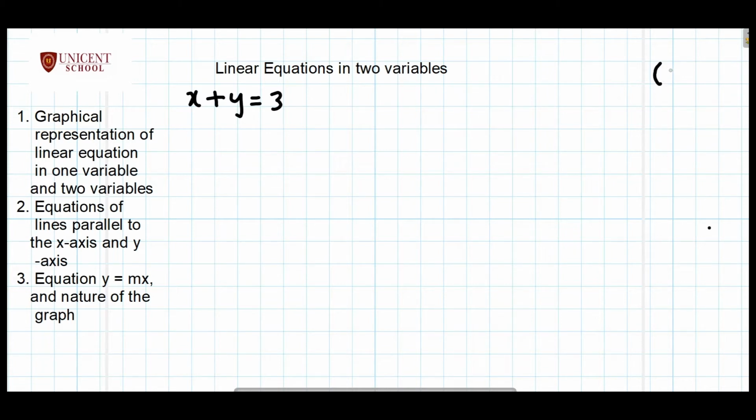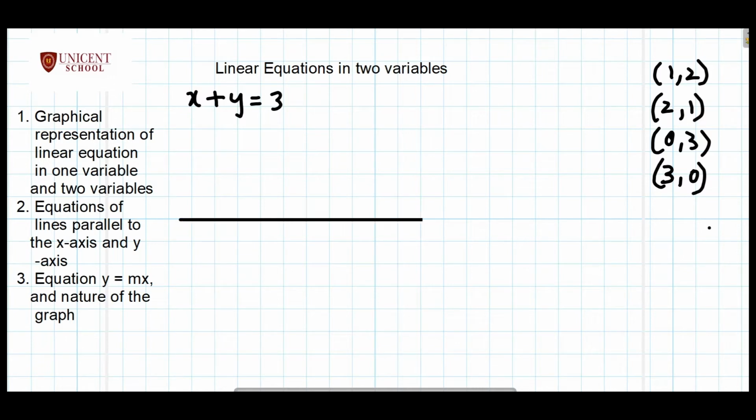As we have discussed in the previous session, this equation will have infinite solutions. 0, 3, 3, 0. So I'll take 4 points and present them in the Cartesian plane. For that, let me draw the x-axis. First, this is our x-axis and y-axis.